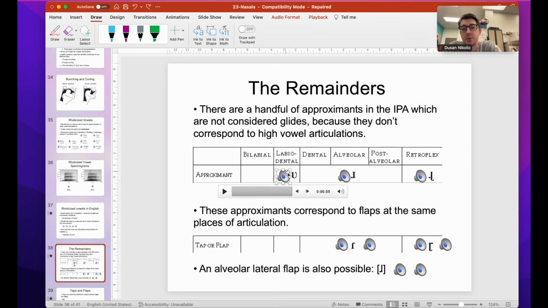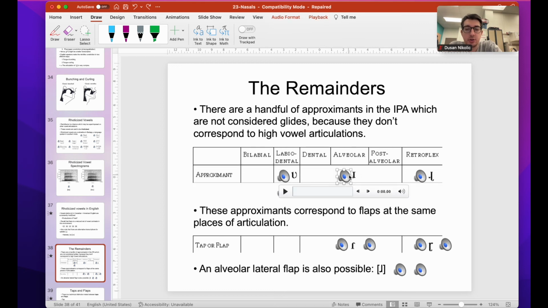This one is produced in Serbian, for example, for the word "voda." There are so many words: "trava," grass, "siva," gray, and so on and so forth.